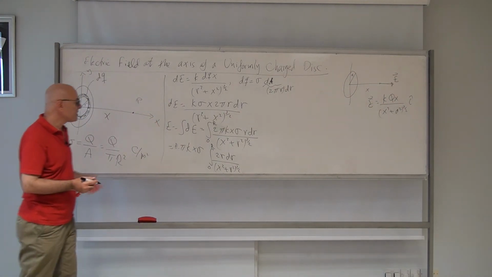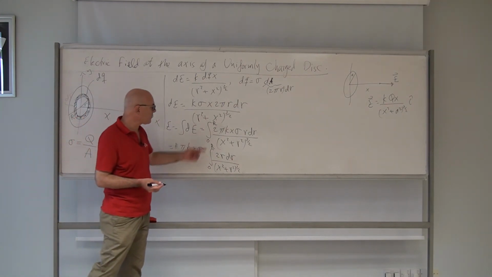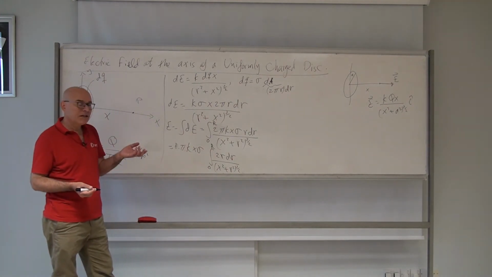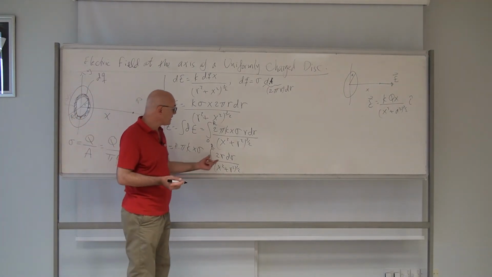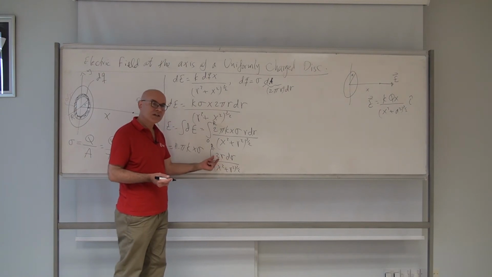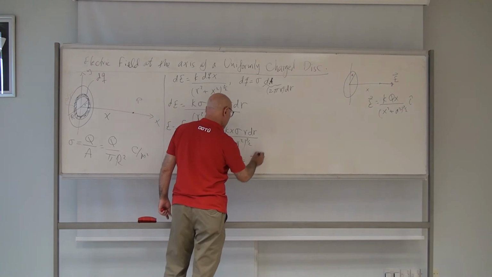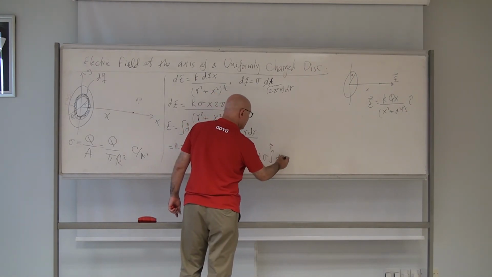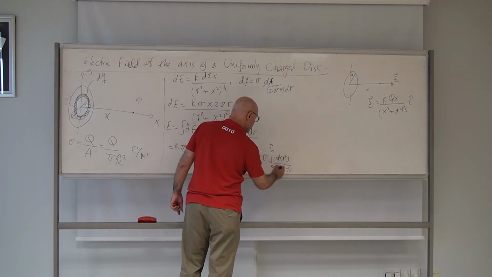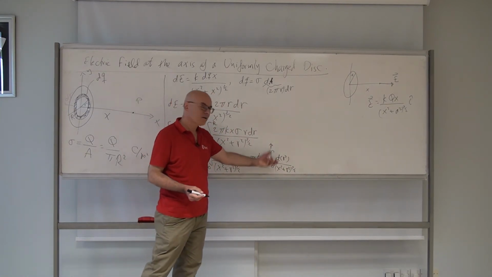Okay, so this is your integration, and what remains is to carry out this integral from 0 to R. Now this integral can be carried out by substitution by noting that 2r dr is actually d of r square. So you can write this as pi k sigma times the integral from 0 to R of d of r square divided by x square plus r square to the power 3 over 2. This is a shorthand for substitution.